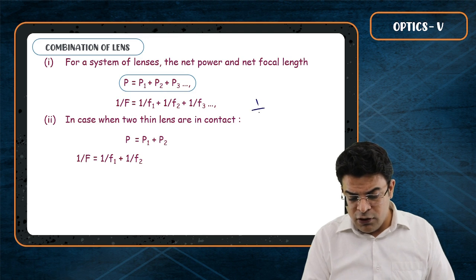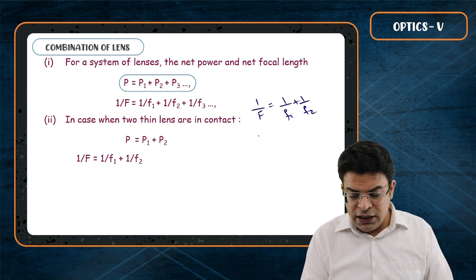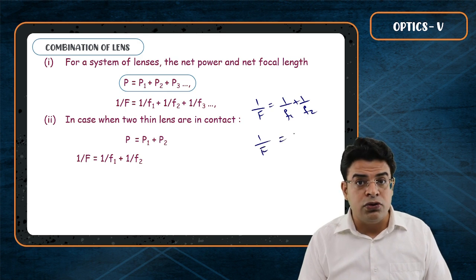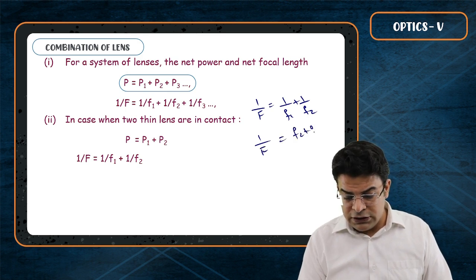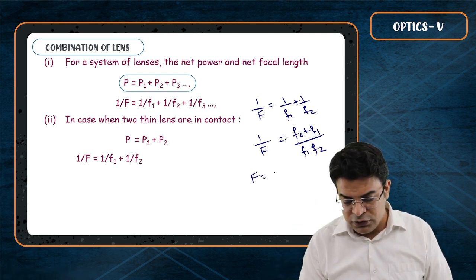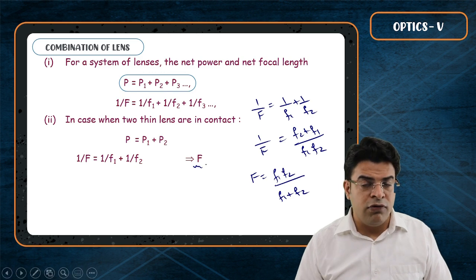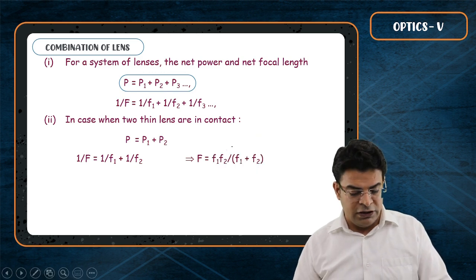Now you can write 1 by F equals 1 by F1 plus 1 by F2. This can also be written as 1 by F equals (F2 plus F1) upon F1 F2. Taking reciprocals on both sides, you will say that F equals F1 F2 upon F1 plus F2. So the equivalent focal length will be nothing but F1 F2 upon F1 plus F2.